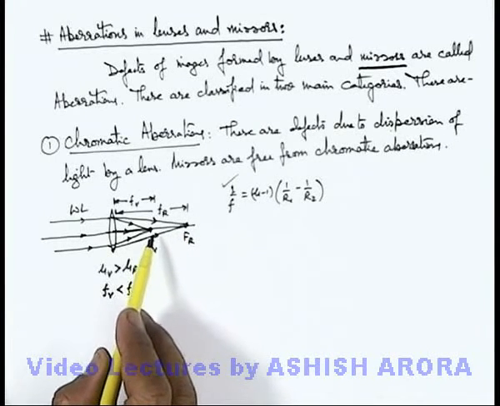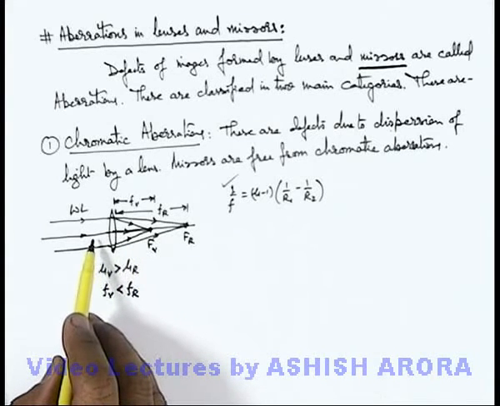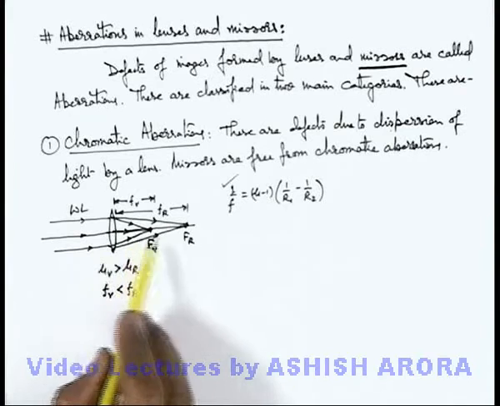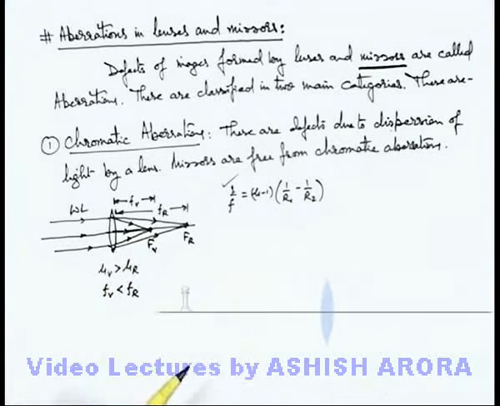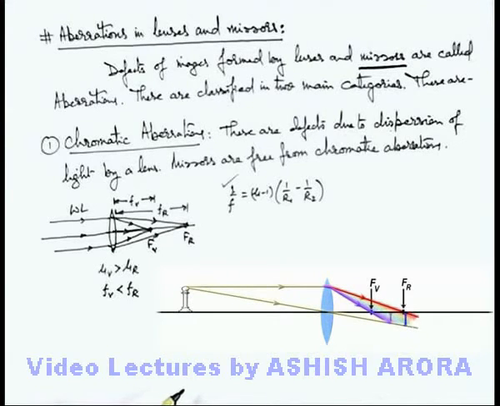Similarly, if we produce the image of an object which is white in color or emitting white light by a lens, several images are produced. Here you can see a realistic situation for a convex lens: if a white source of light is placed, it produces images on the other side which are spread between the violet image and the red image.